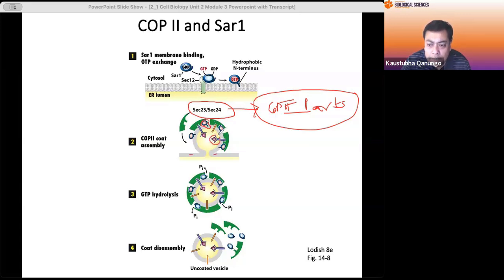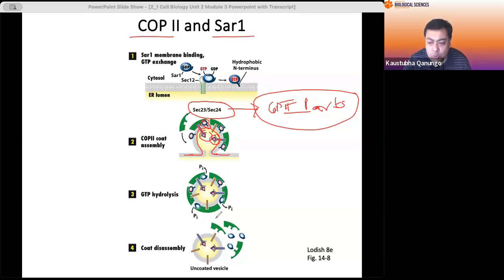And these are the vesicles, with the cargoes right here, which are the proteins that are going somewhere. And the SEC23/24, the green ones, are recruited onto SAR1. And that helps the pinching of the vesicle. Again, as I said, COP1, COP2, and clathrin are mechanical forces, and SAR1 is helping in that process.